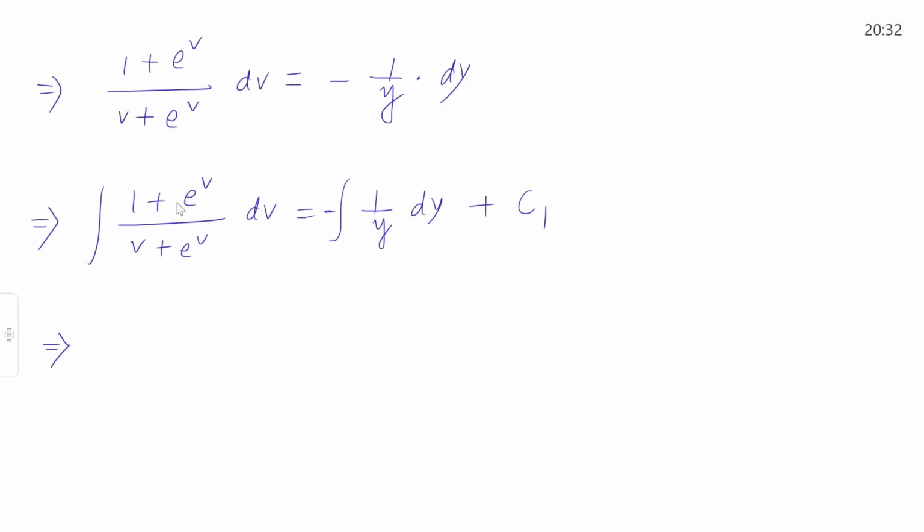You observe the numerator and denominator. The numerator is the derivative of the denominator because v derivative is 1, e to the power v derivative is e to the power v itself.